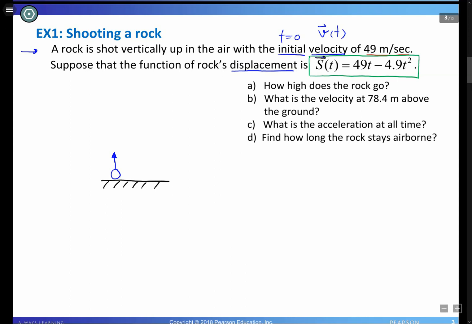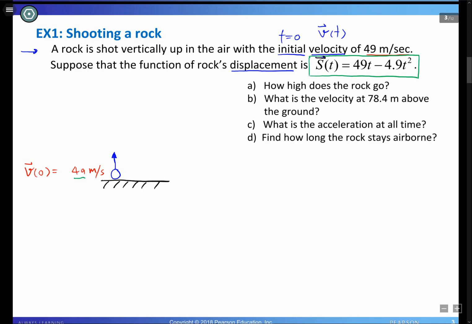Initial velocity 49 meters per second. So the initial velocity vector v at the beginning of time, t equal to 0. V at 0 equal to, we know it's 49 meters per second. Now we know that velocity is a vector quantity. It has to have both magnitude and direction. Now we have the magnitude, which is 49.